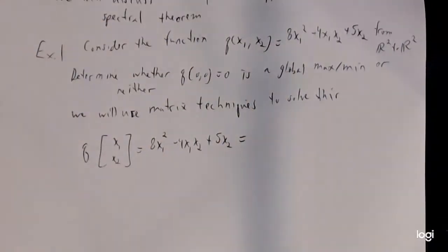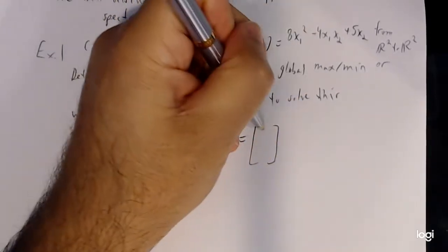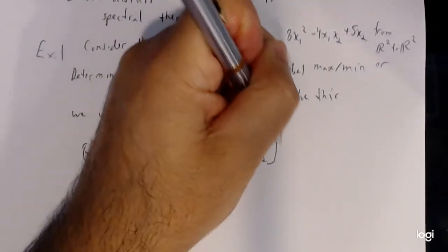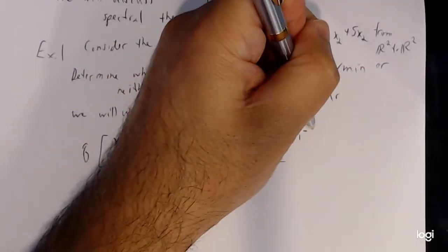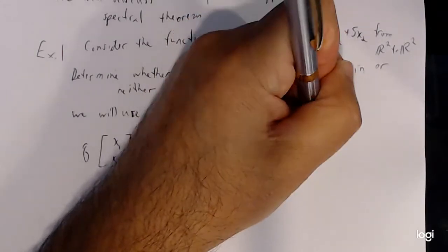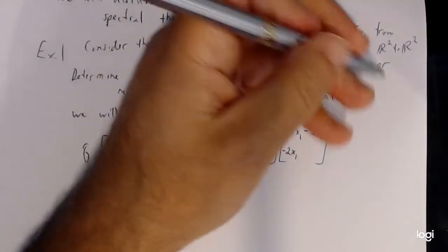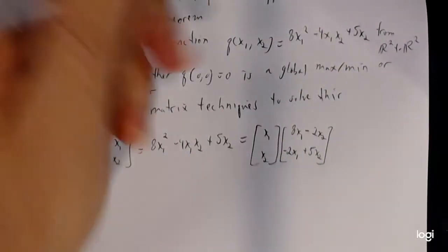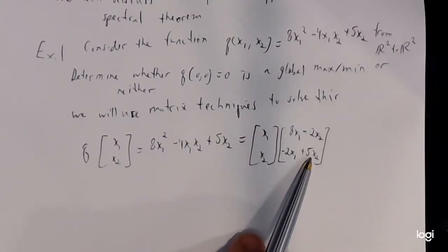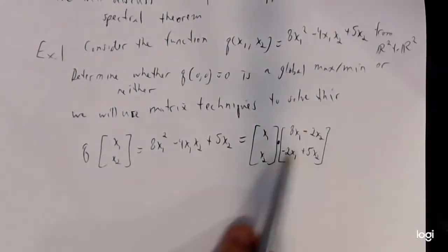We could say this is the same thing as the vector x sub 1, x sub 2 dotted with the vector 8x sub 1 minus 2x sub 2, negative 2x sub 1 plus 5x sub 2. Notice this is not a matrix, this is a vector, and we're dotting them. The 8 and the 5 didn't really change.